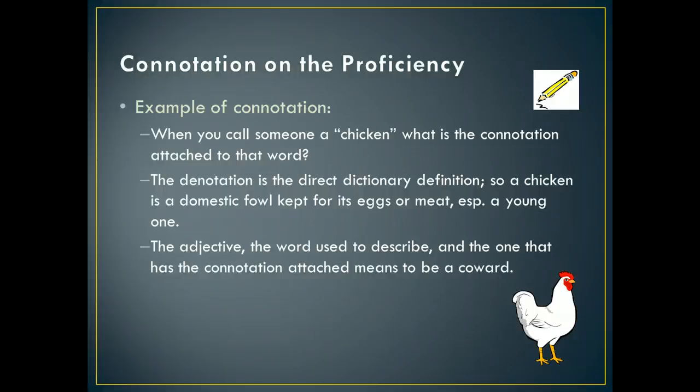You just know, as a person that speaks English, that if someone calls you a chicken, it doesn't mean you physically are a chicken. It has another implied meaning, and it means that you're being a coward in this instance. So hopefully you can see that there's a major difference between denotation and connotation.